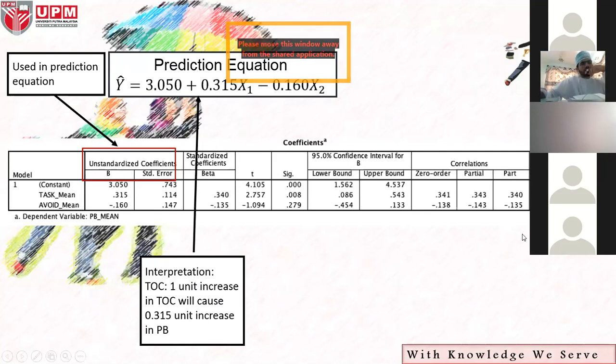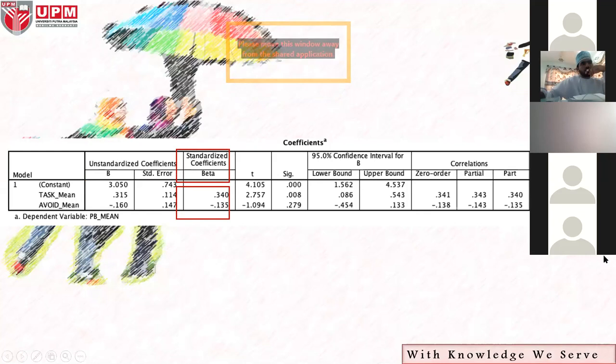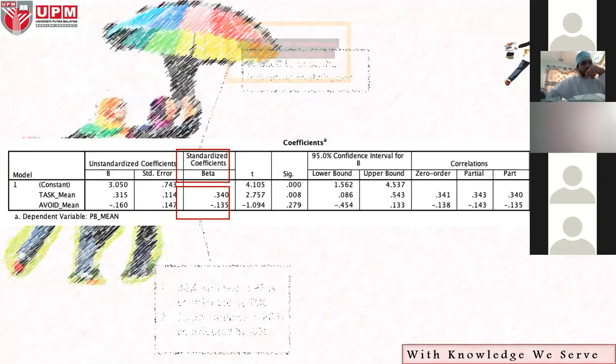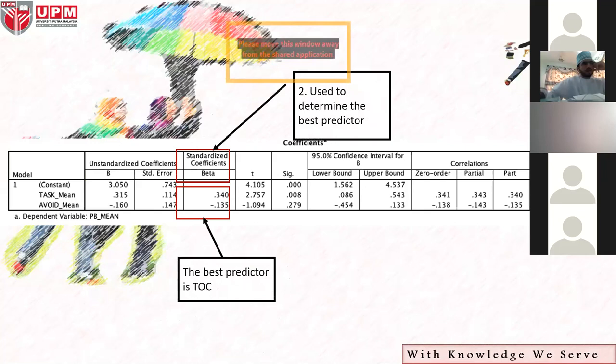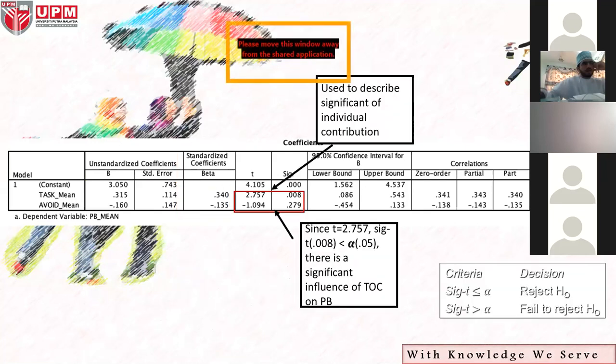The standardized coefficient beta we use to interpret the strength of the effect. And the T and the significant T we use to make the decision, whether the influence is significant or not.